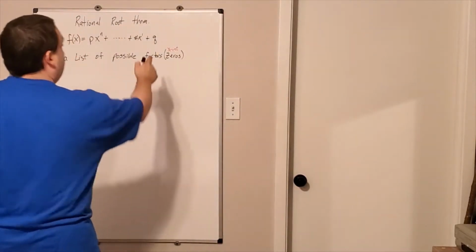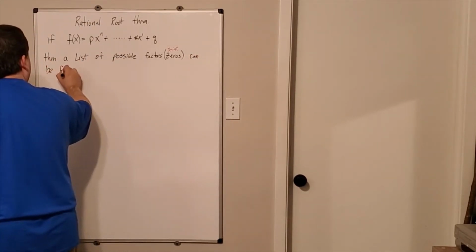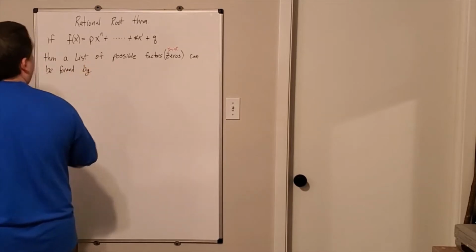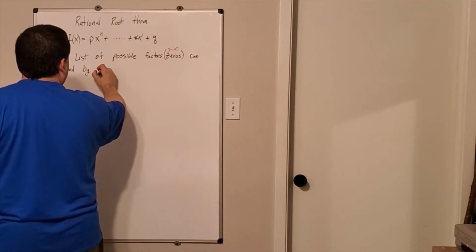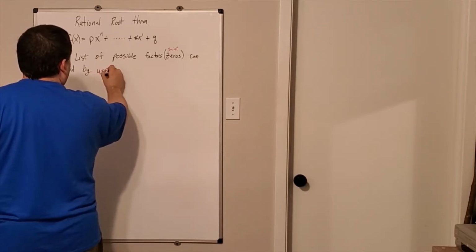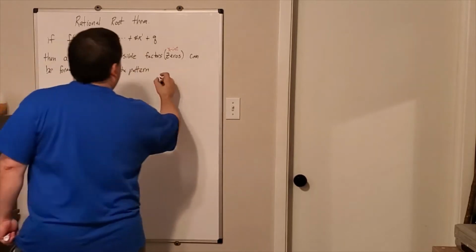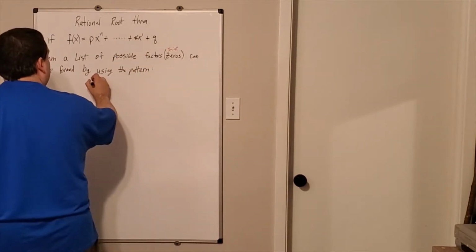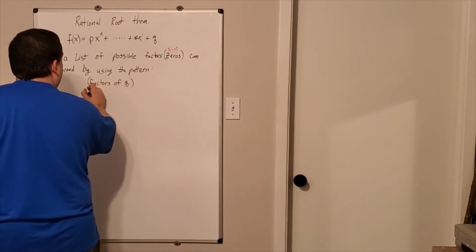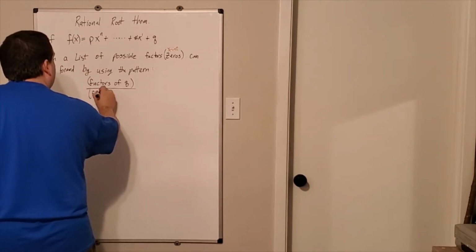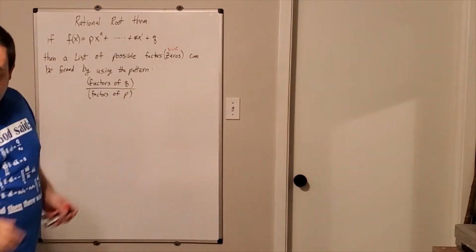Okay, can be formed by making patterns, by using the pattern: factors of Q divided by factors of P. Okay? Now there's another little word that I want to insert in here.